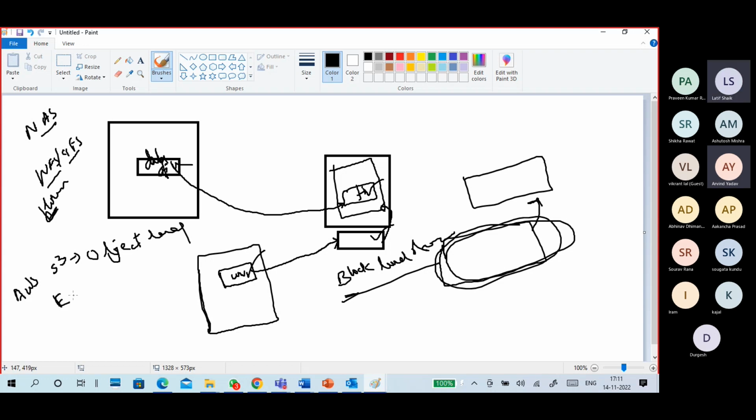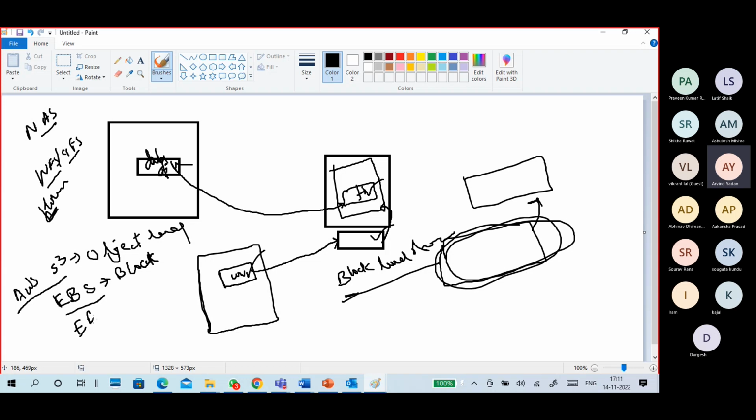Elastic block storage is block storage. Guys, while listening, things may look very normal, but if you know the basics, it is very useful when you're learning other things. Some people say, you don't understand anyway, why should we listen? S3 bucket, EBS, elastic block storage, is block level storage.